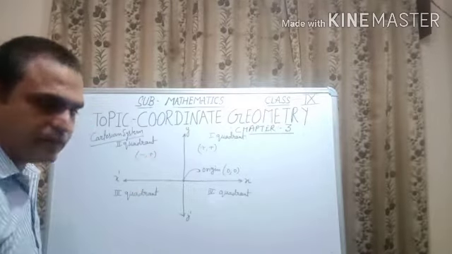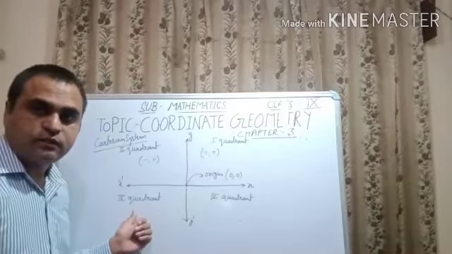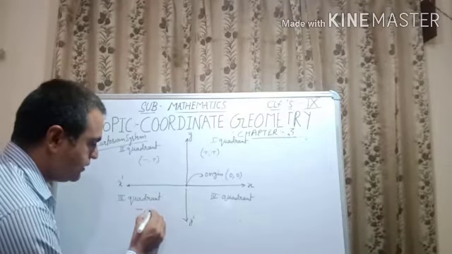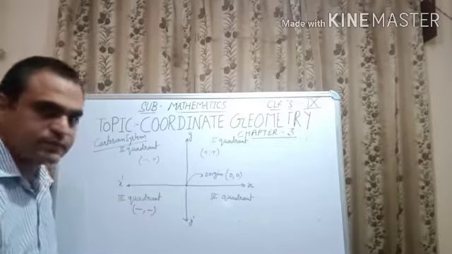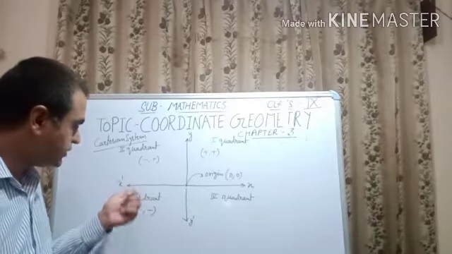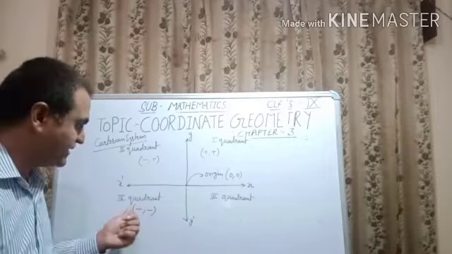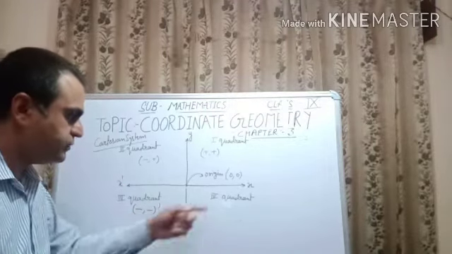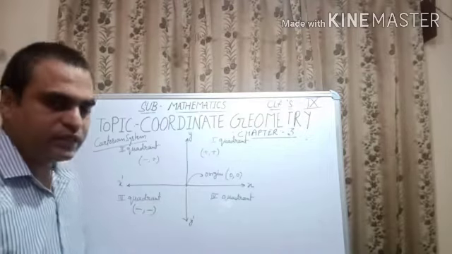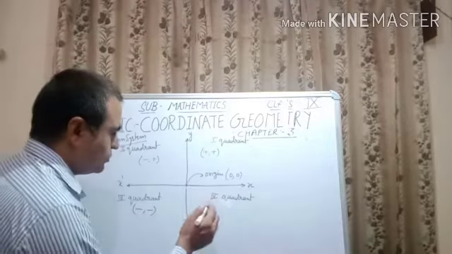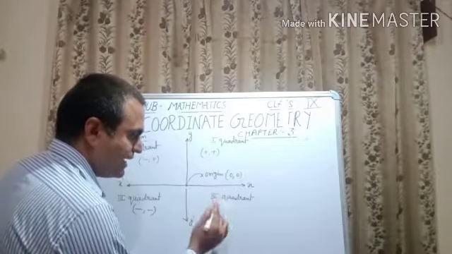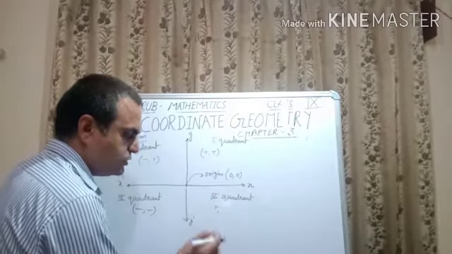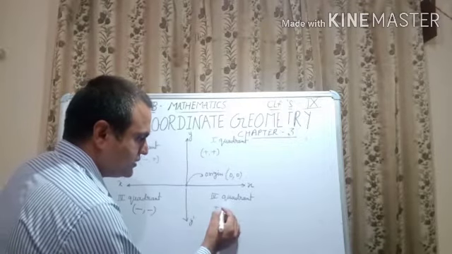In the third quadrant, the values are minus and minus, because x dash is negative and y dash is also negative. Now the fourth quadrant, the last quadrant: the value of x is positive and the value of y dash is negative.